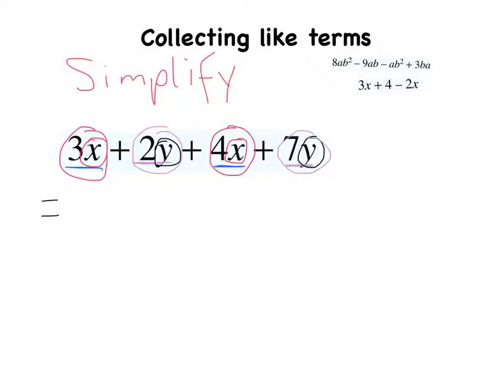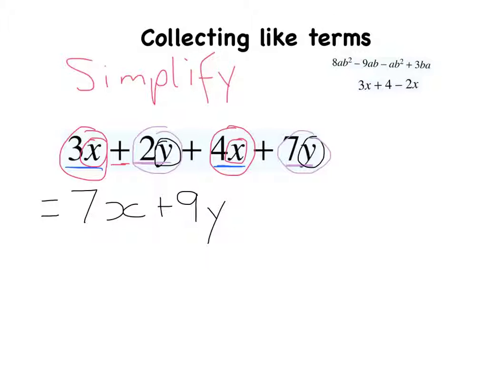The sign, in terms of if it's positive or negative, is determined by the sign directly in front of it. So that positive belongs to the 2y, that positive belongs to the 4x, and that positive belongs to the 7y. So 3x plus 4x is 7x, plus 2y plus 7y is 9y.